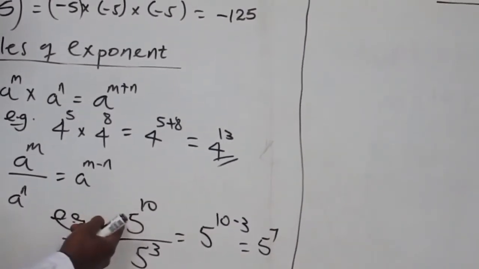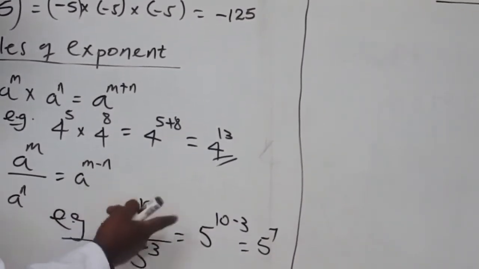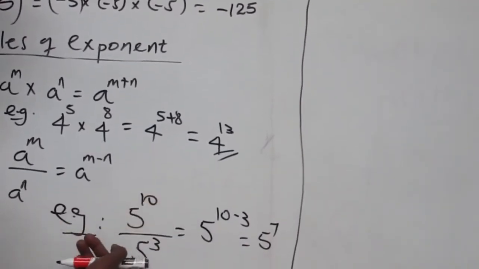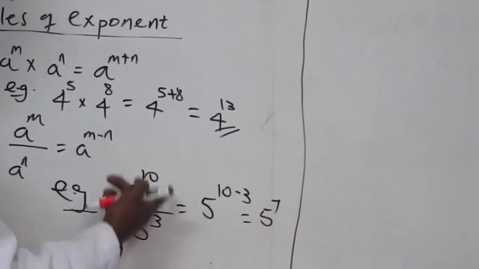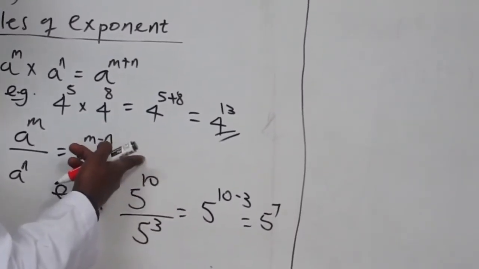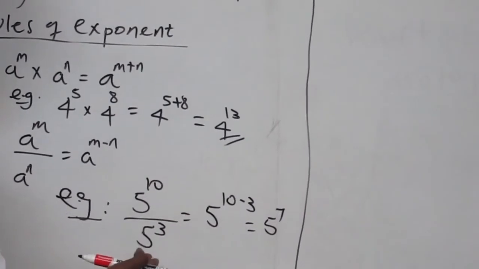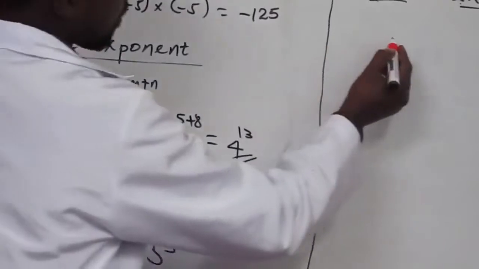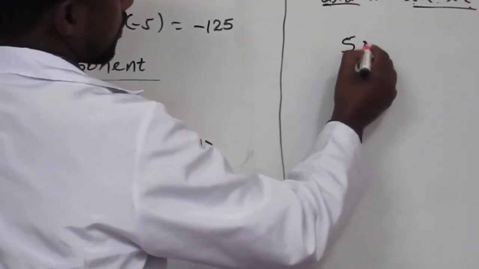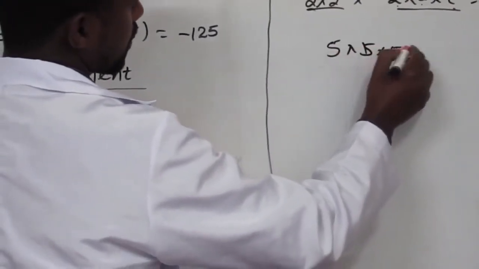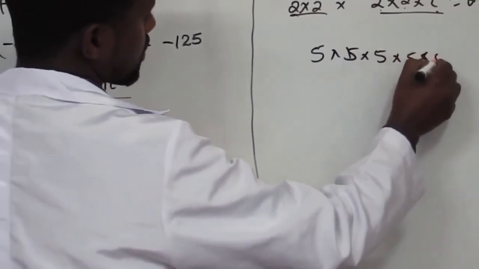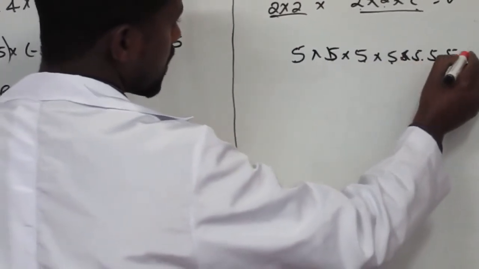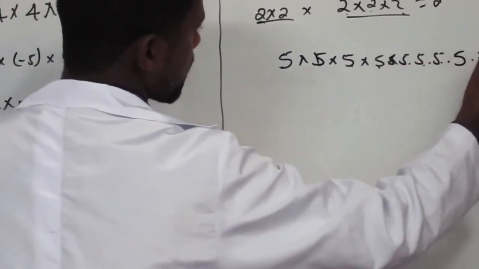You have to multiply 5 ten times, and you have to multiply 5 again in the denominator three times.